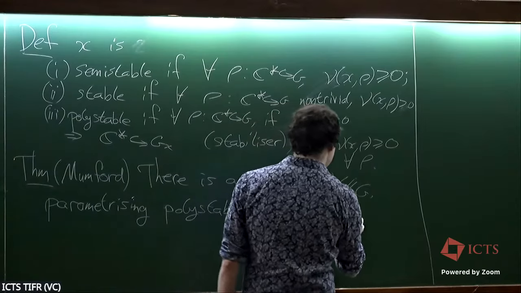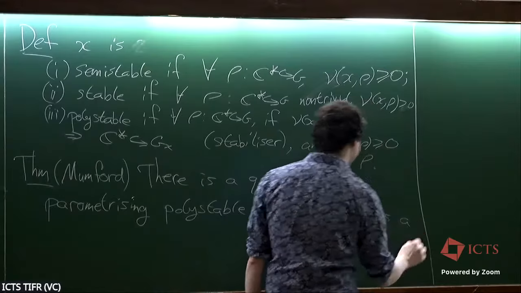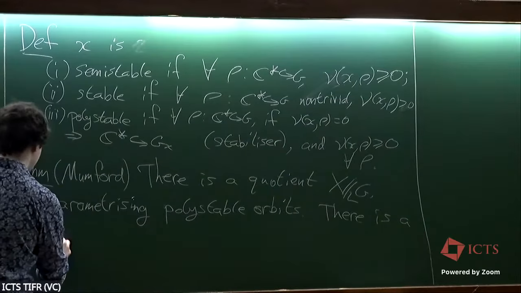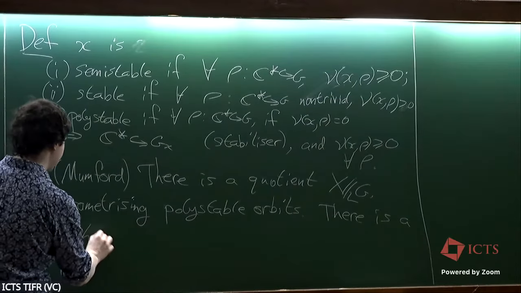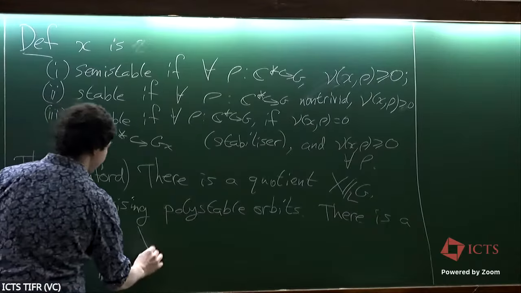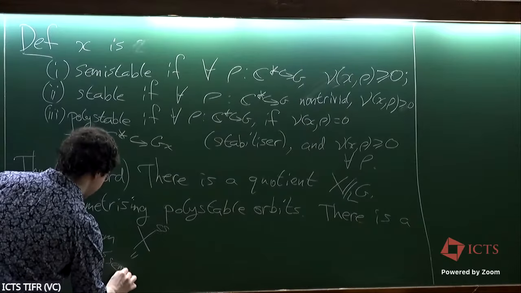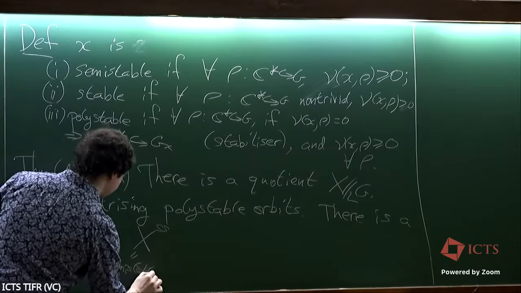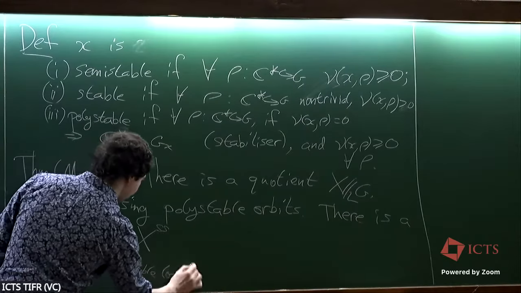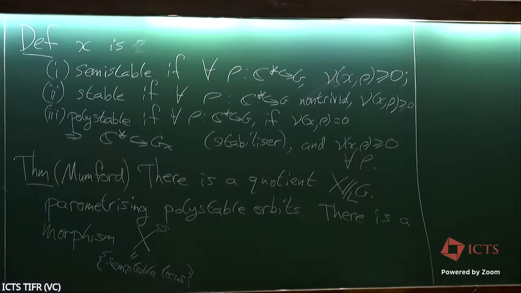The other part that I'll need is that there is a morphism. In general, you just get a rational map from X to the quotient, but we get a morphism from the semi-stable locus. One proves that semi-stability is actually a Zariski open property, and so this is actually a variety.